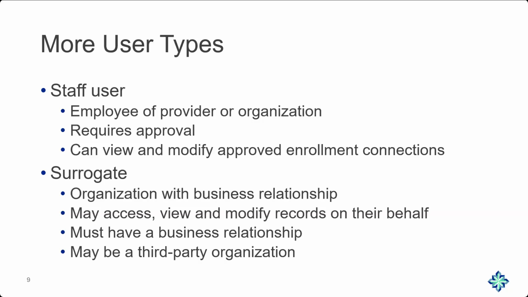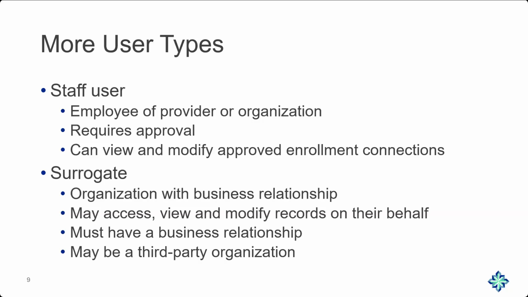You can enroll as a staff user, but it does require approval, and we'll show you how that happens. But it does require approval. So you can enroll, you can say, I need to be a staff user for this organization, but you're not immediately going to have access to submitting applications or seeing that group's enrollment data. That information does need to be approved by that authorized official or that access manager.